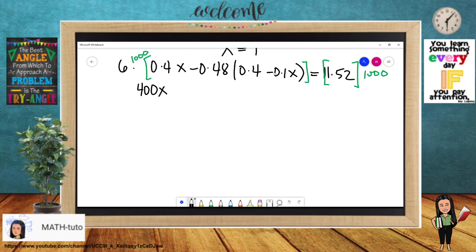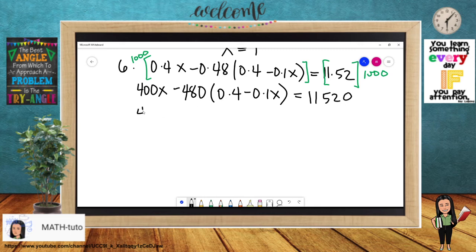Pero, pag na-distribute nyo na siya, wala nang magiging decimal place. Lahat yan ay magiging whole number na. Okay? Minus 480 times 0.4 minus 0.1x equal to 1,000. So, magiging 11,520.